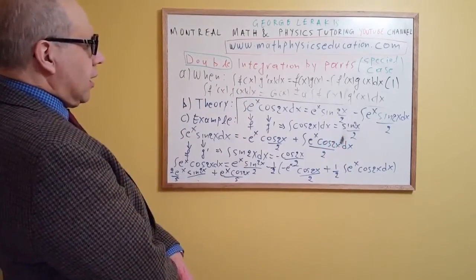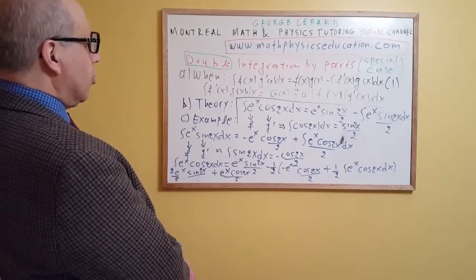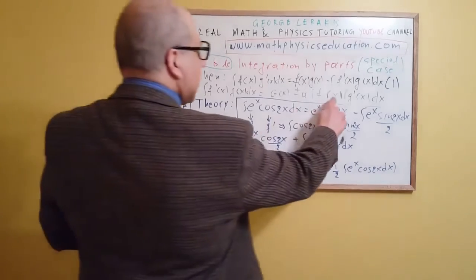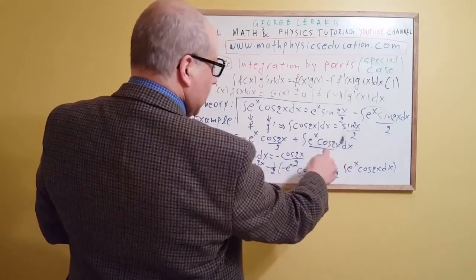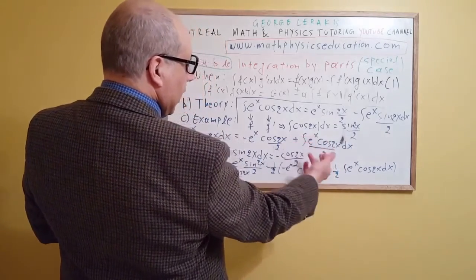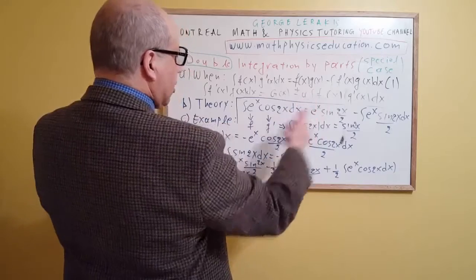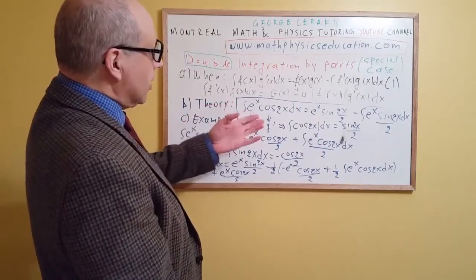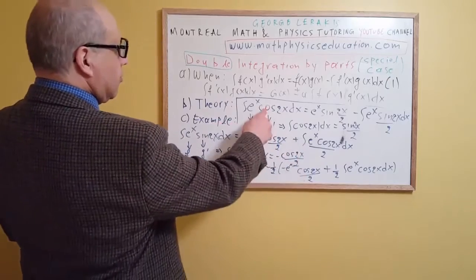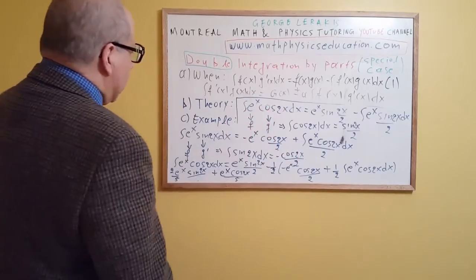And now what we see exactly here is that the integral that we get, if you take out the 1/2, which is the constant, is exactly the same as this here.